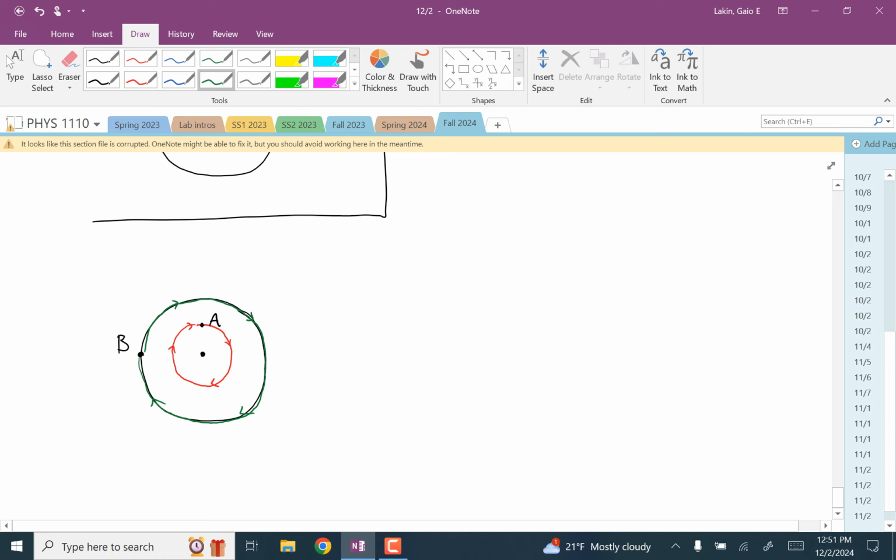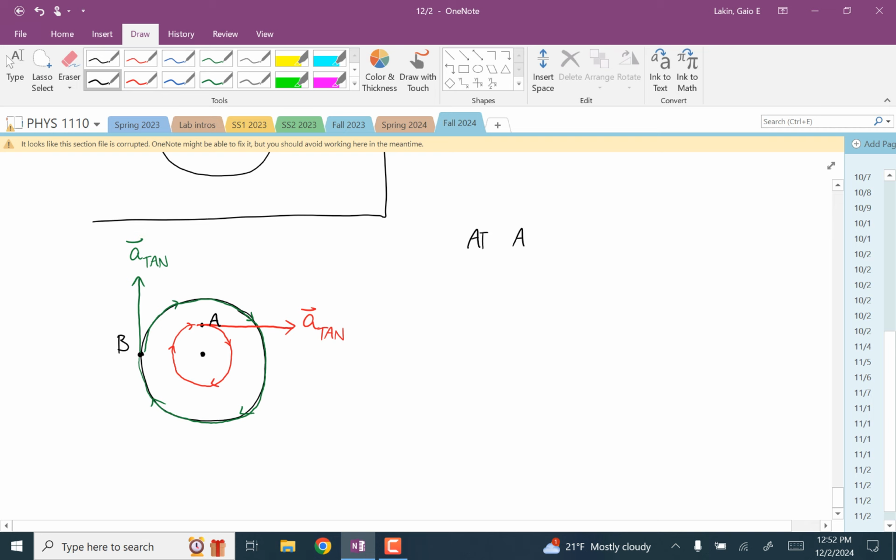So the point A has a tangential acceleration direction this way. And the point B has a tangential acceleration vector this way. Okay, and now we just need to calculate the magnitudes of those.